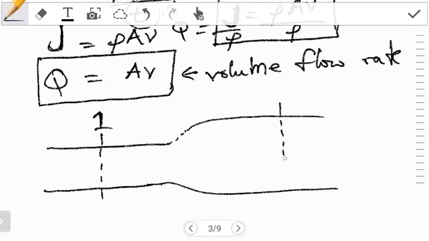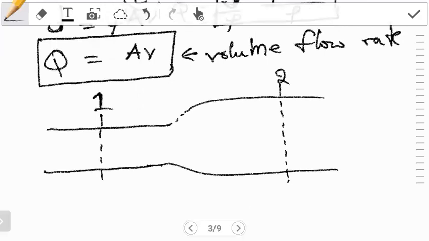Now the key thing is, in a specified time, the mass that passes through point 1 will be equivalent to the mass that passes through point 2. Even though this side of the tube has a smaller cross-sectional area, the mass that passes through this point in a given time will be equivalent to the mass that passes through the other side.